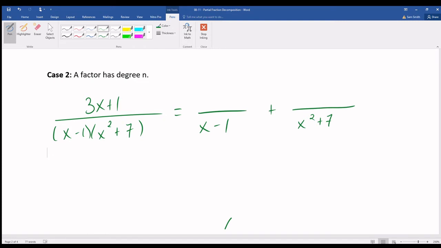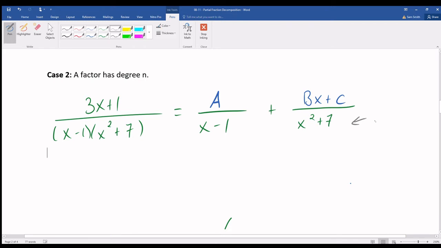Now the approach will be similar here, but instead of putting constants as the numerator of both of these functions, I will guess a constant as the numerator of the function with a linear denominator. And for a fraction with a quadratic denominator, I will guess that the numerator has a linear format. So here's the general idea.